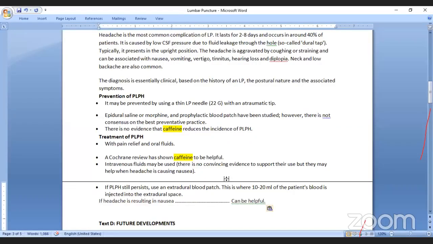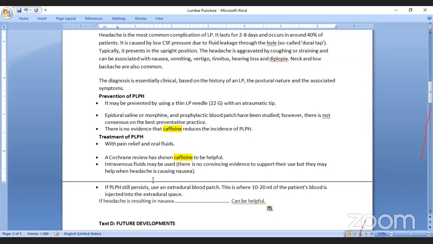So here is your question. The answer is very easy. IV fluid here.